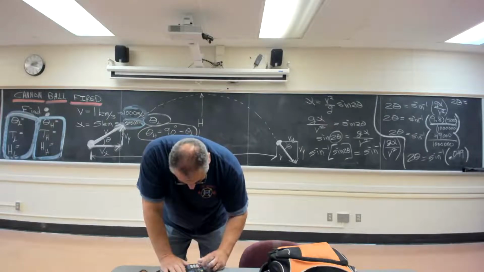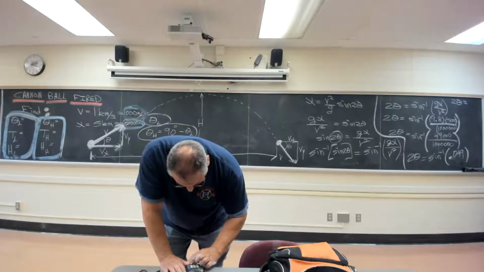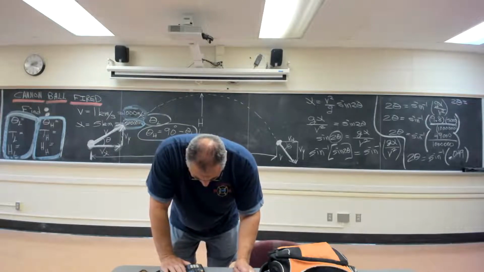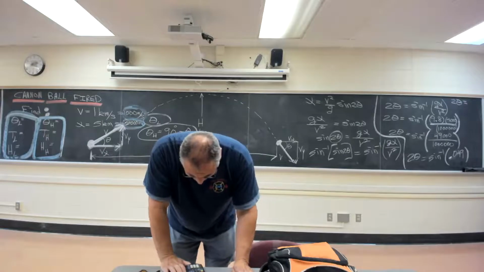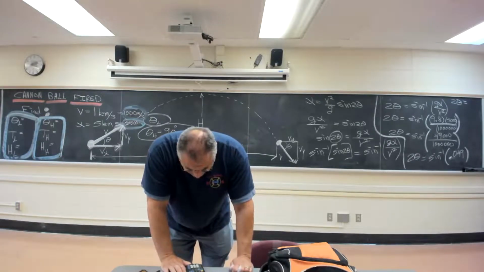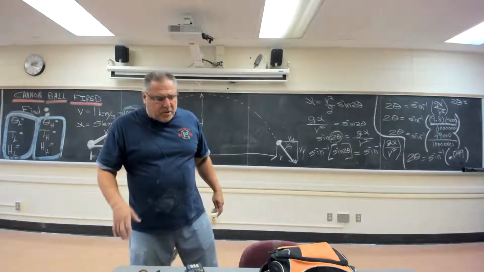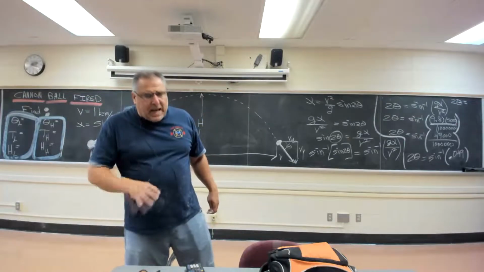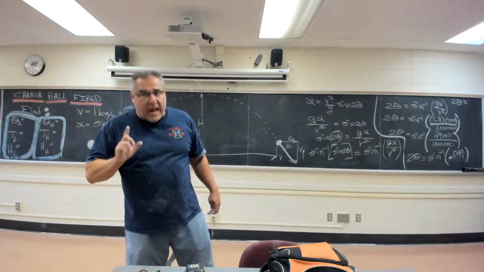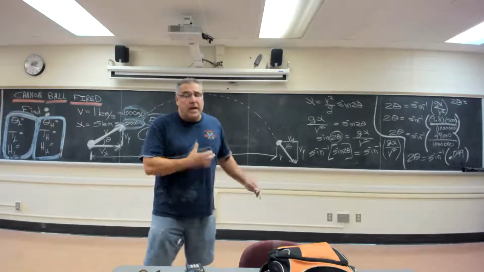Let's try that again. 2.808617. Okay, we're not going to make a huge deal out of this, guys. The big thing is I just want you to know what's going on. 2.81 ain't a bad way to go. A lot of times, within the context of what you're doing, as I said, take it as far out as you can. In this instance, I'm not going to, just to emphasize what's going on.